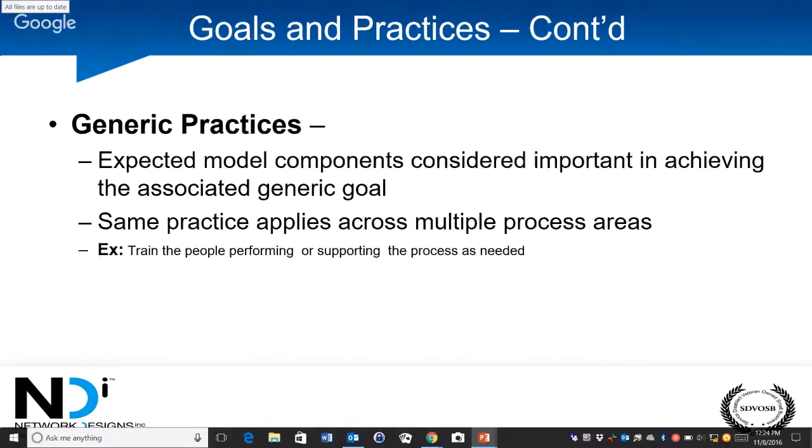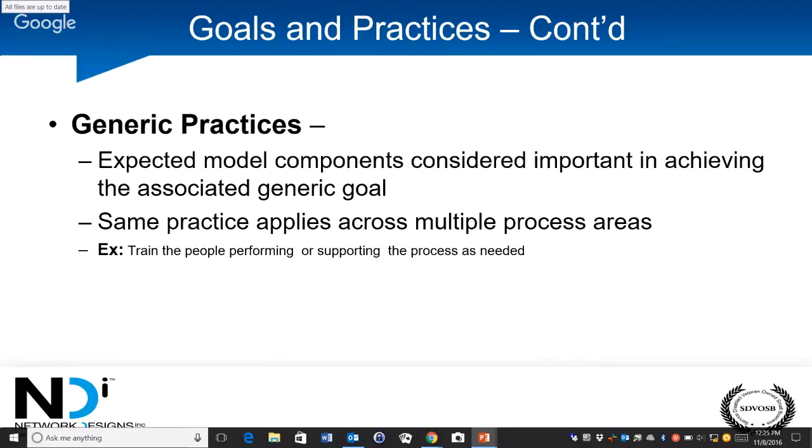So generic practices are the expected model components considered important in achieving the associated generic goal. The same practice applies across multiple process areas. For example, train the people performing or supporting the process as needed. So we know that training is needed. This, as an example, is training, what we're doing right here.